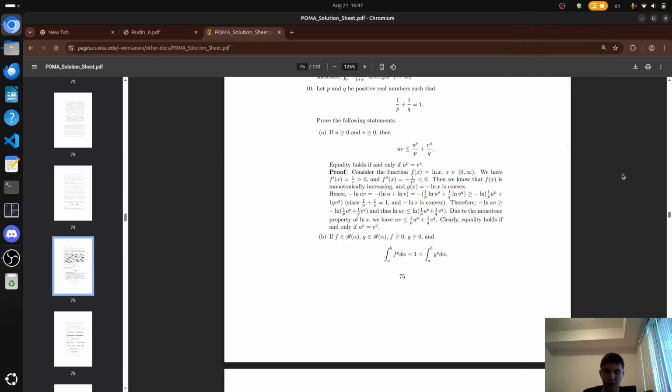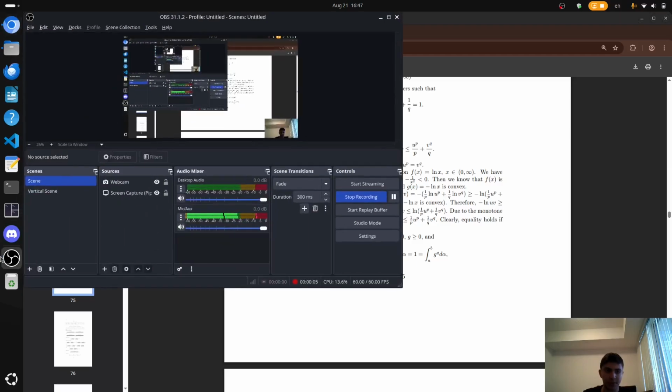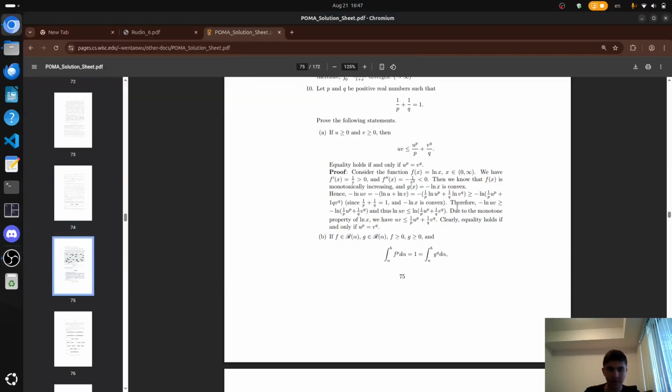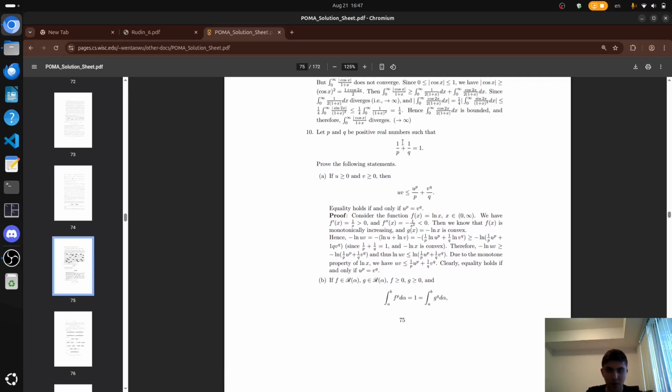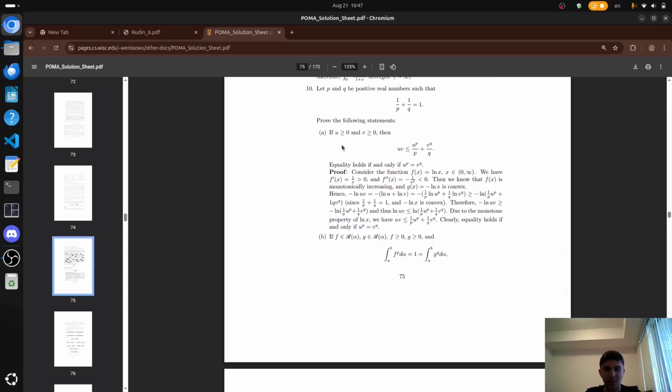Alright, now I wanted to show an interesting exercise which has to do with Holder's inequality, which is really important. So we'll discuss it now. We want to prove that if 1 over p plus 1 over q is equal to 1 for p and q positive real numbers, and if u is greater than 0 and v is greater than 0, we have uv is less than or equal to u to the p over p plus v to the q over q.